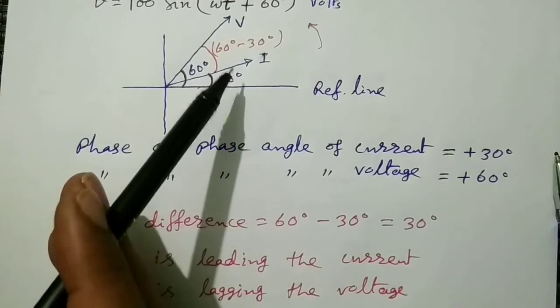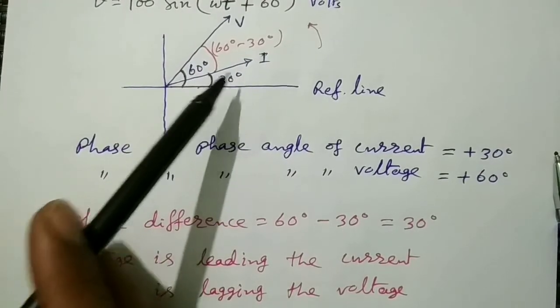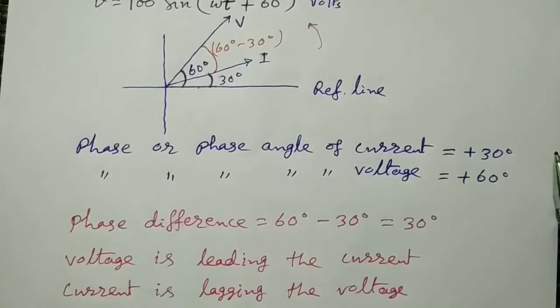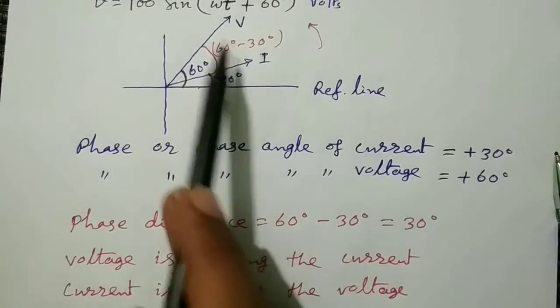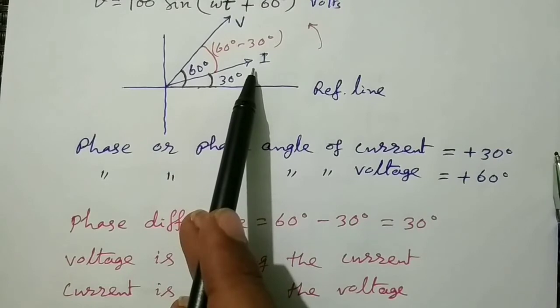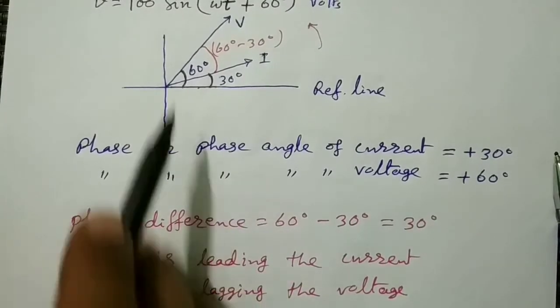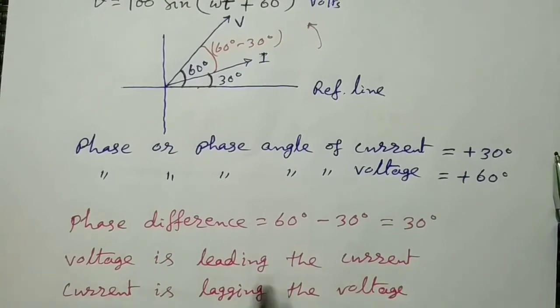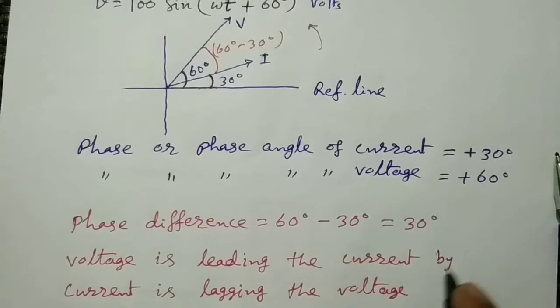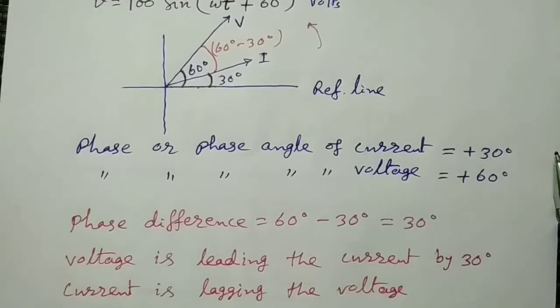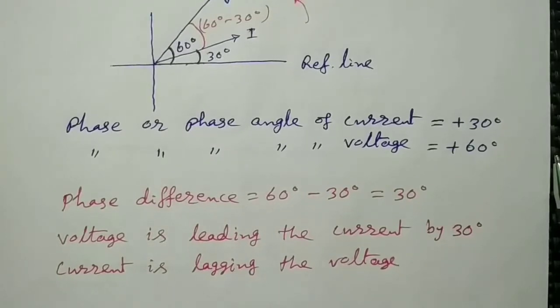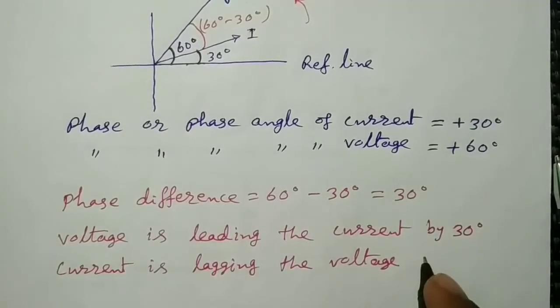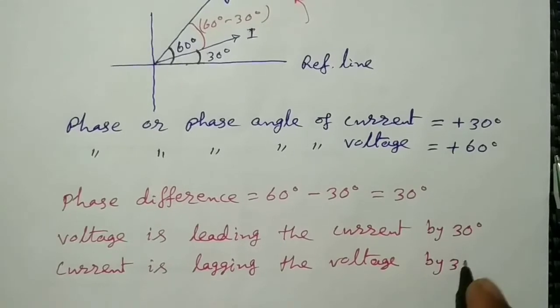Whereas the phasor which is behind is considered as lagging. In this case, the current is lagging the voltage. Here the voltage is leading the current by 30 degree. Similarly, the current is lagging the voltage by 30 degree.